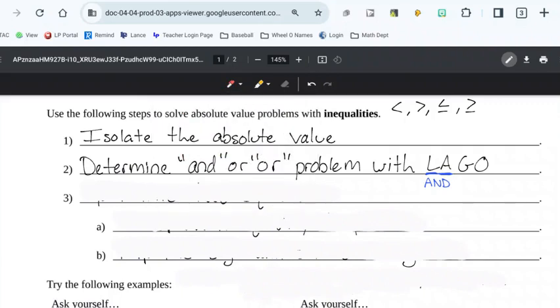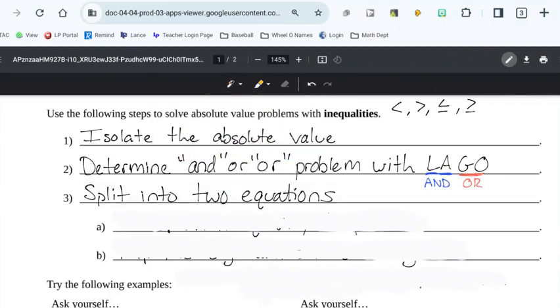And if we're left with a greater than symbol, G for greater than, the O means it will be an or problem. So that's something you can remember. LAGO will tell you if it's an and or an or problem. That's our second step, which is something new.